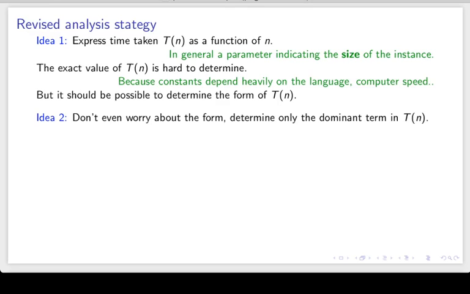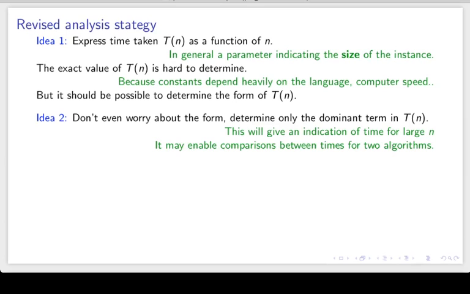So not that T of n is a n plus b, but just that the dominant term is n, or not that T of n is upper bounded by 2 to the n times c plus something, but just that it is upper bounded by some function whose dominant term is 2 to the n. So this will give us an indication of the time for large n. So that was what we are after.